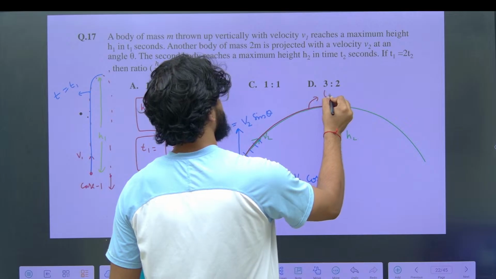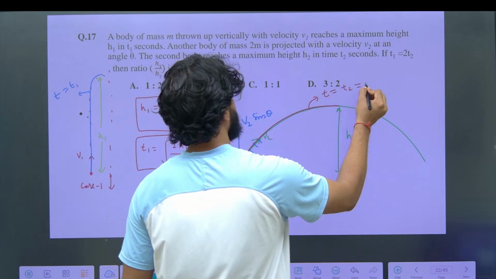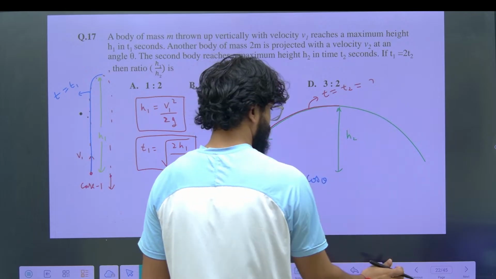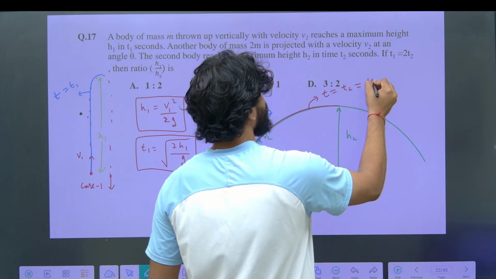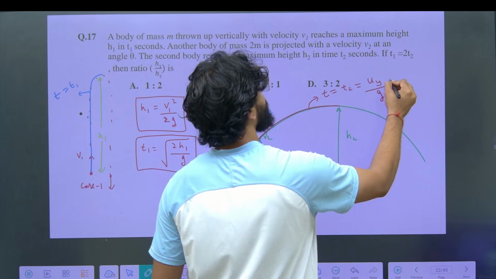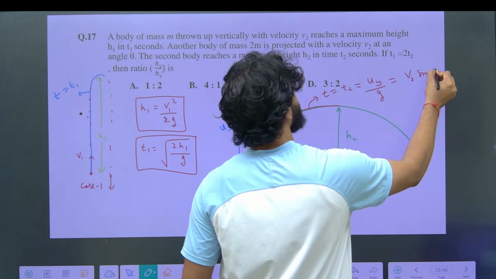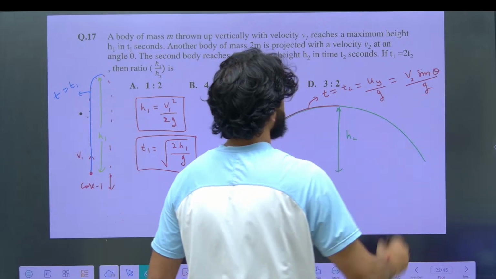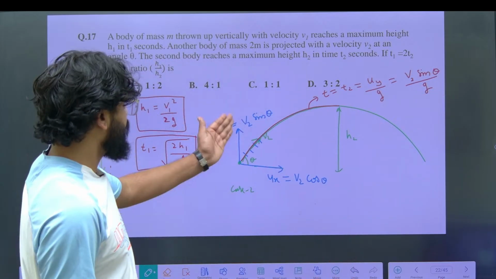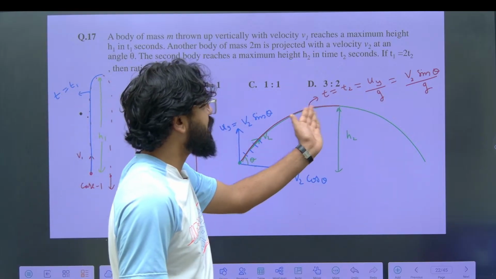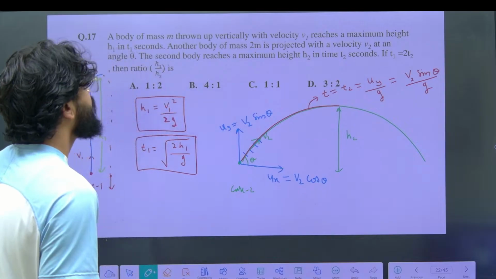This time t, that is t2, it will be uy by g, that is v2 sine theta upon g, correct? Because if it was the full flight, then it is 2uy by g, but if it is half, then clearly uy by g only, right?